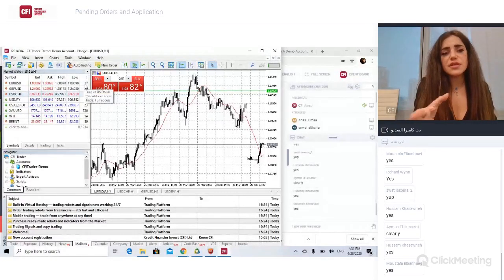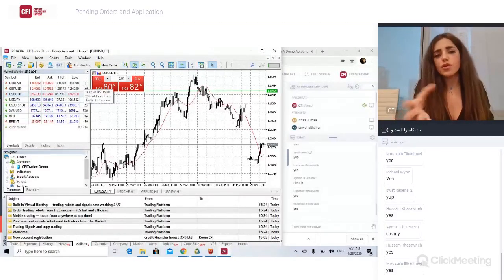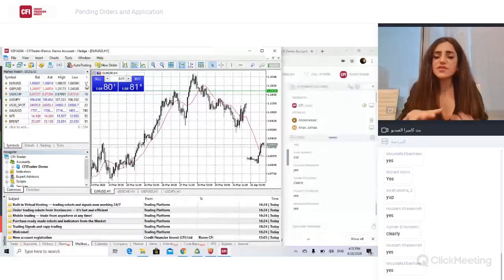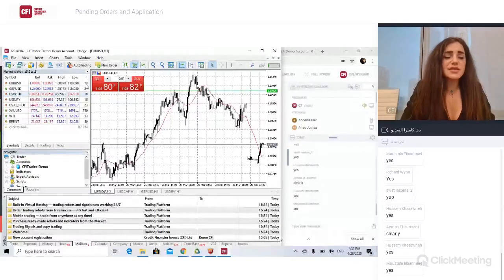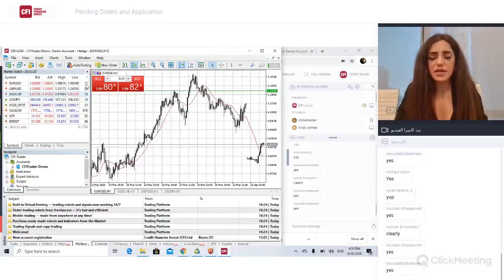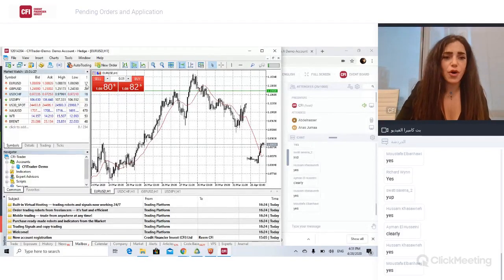That's why you see 2 points. Sometimes it's a bit less, 1 point, 1.1, sorry, 1.8. But it's variable. It's not always fixed. It varies, okay? Sometimes it can go even to 0.2, 0.3 on VIP accounts. So please also check this with your account manager. How spreads vary also depends on the initial deposit.